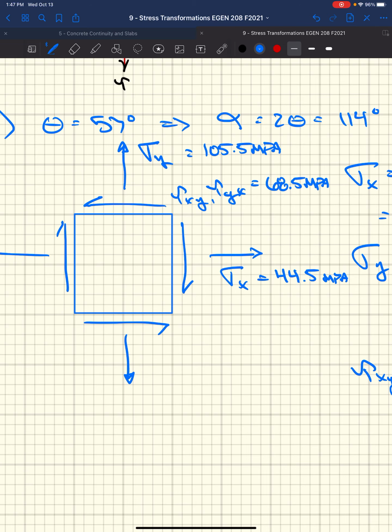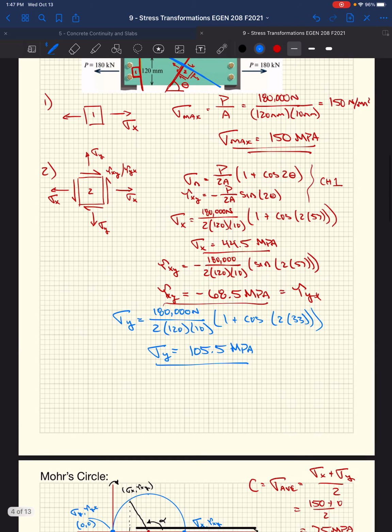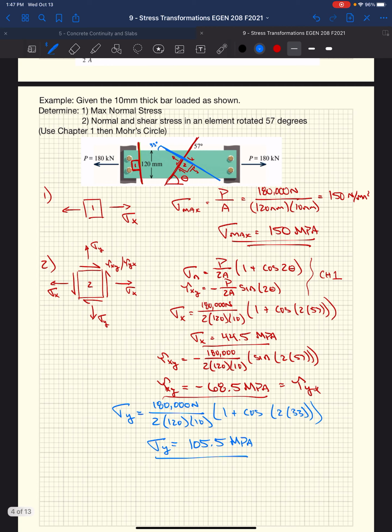And if we look back at our derivation before, where we cut all these lines and then figured out the geometry and the components, and luckily we had derived this equation already, right? And this is just for axial load, okay? We established these same magnitudes, right? Sigma x was 44.5, sigma y was 105.5, and tau xy and tau yx were 68.5.